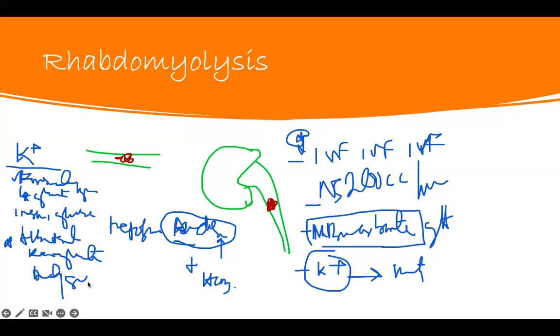So this is all the things in a SATA form. How do you control hyperkalemia? Calcium gluconate to protect the heart, Lasix, furosemide, to let them pee it out. Insulin and glucose to push the potassium inside the cell.